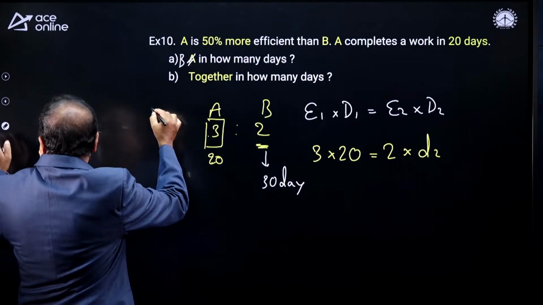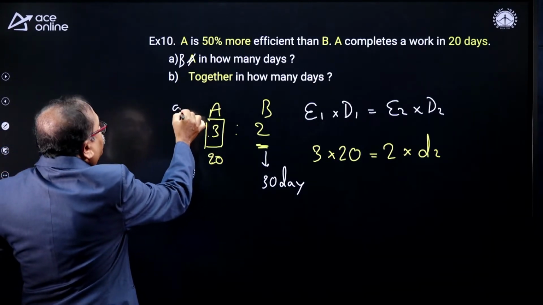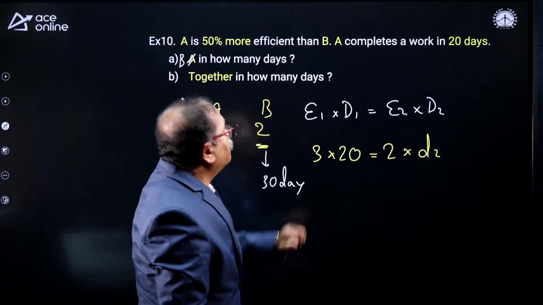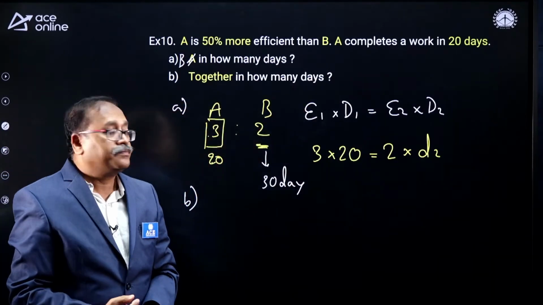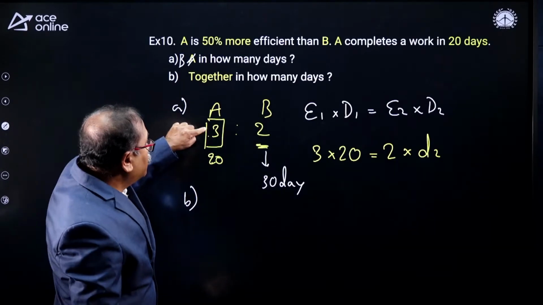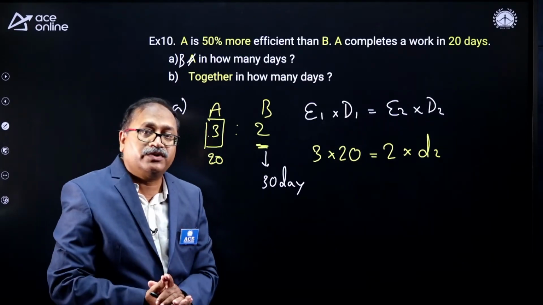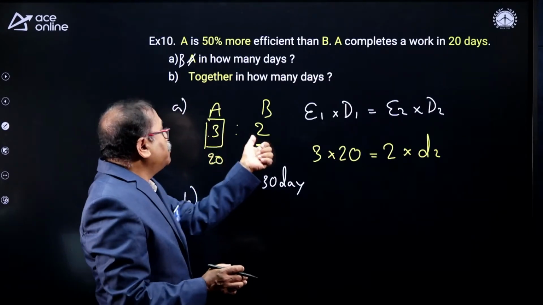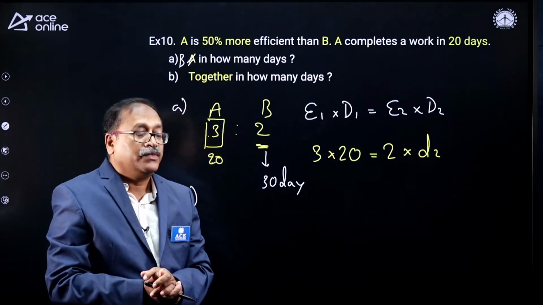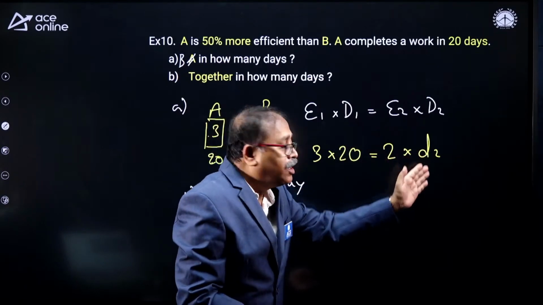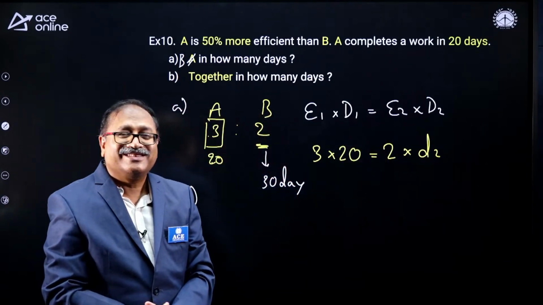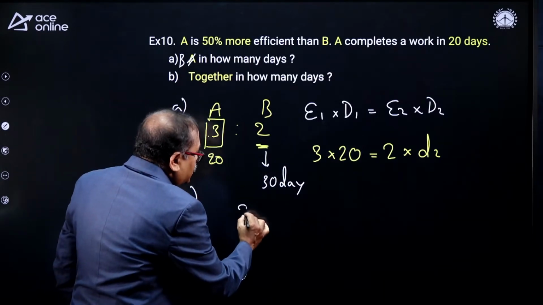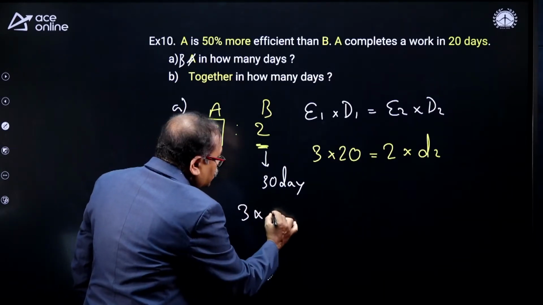Now, I will go for B. What is the question? Together can complete the work in how many days? I already know that when the efficiency is 3, the number of days is 20. When they are working together, the efficiency will be 3 plus 2, 5. So when the efficiency is 5, what will be the number of days? Let's work it out over here. When the efficiency is 3, the number of days is 20.